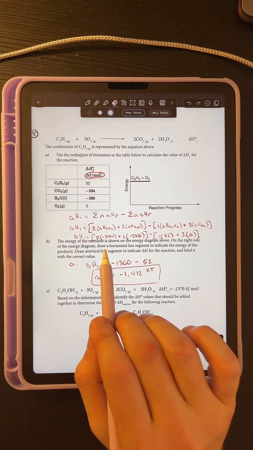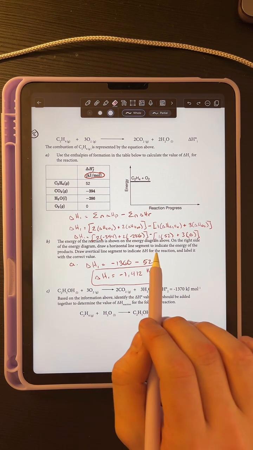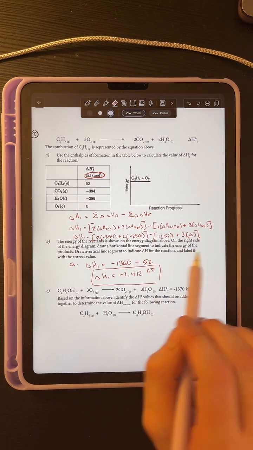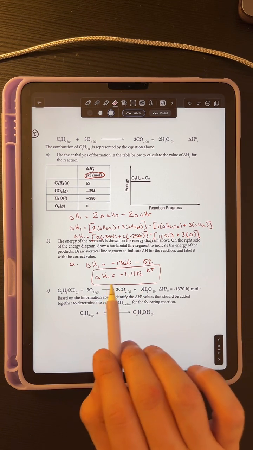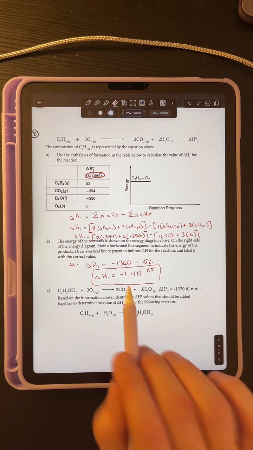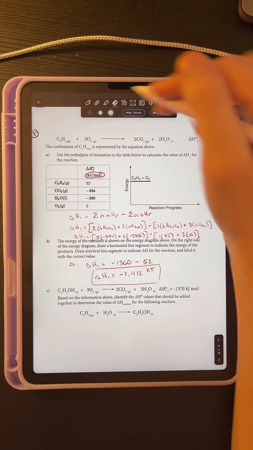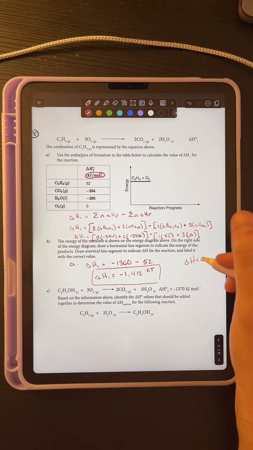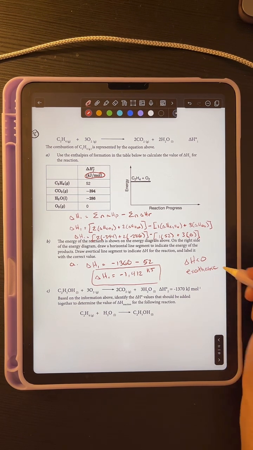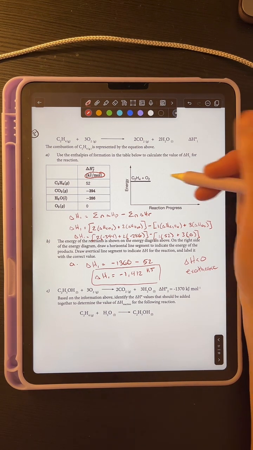We want to draw a horizontal line to indicate the energy of the products. Well, we just found out that our delta H, our enthalpy, is negative. And what does a negative delta H mean? Negative delta H means that we are exothermic, and exothermic means we are going to be releasing energy.